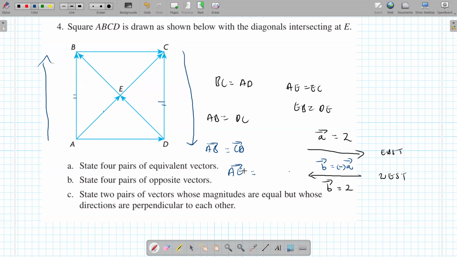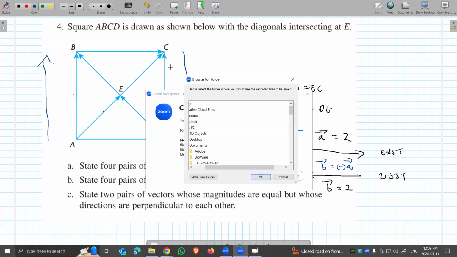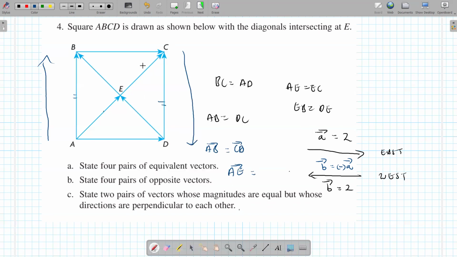But instead of going EC, what if we go CE? What if we go down this way, southwest? So CE would be the opposite. AE is going this way. EC is the same thing, but CE is going backwards. So that would be the opposite.